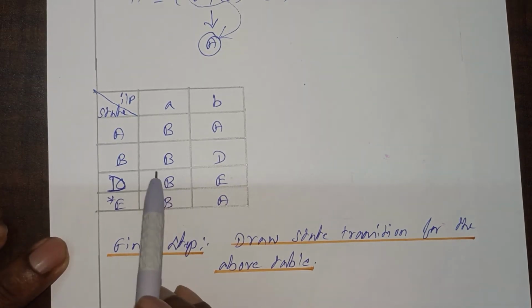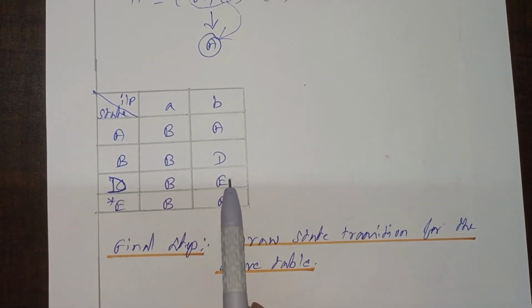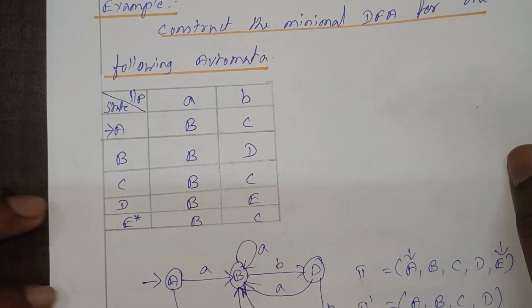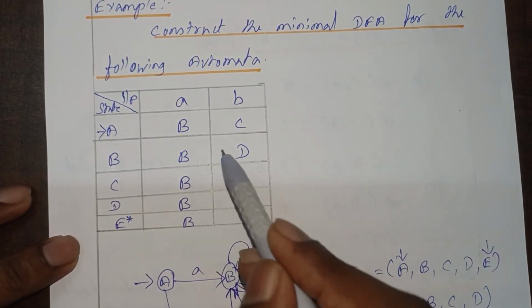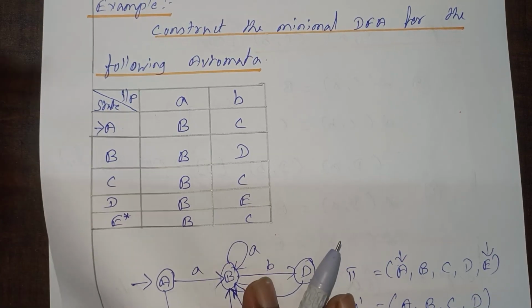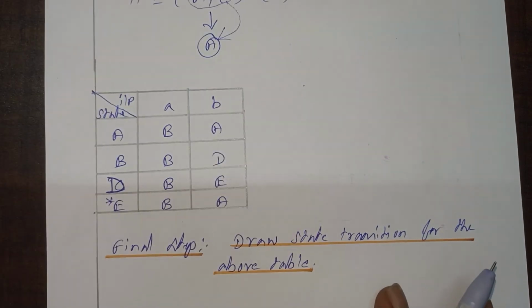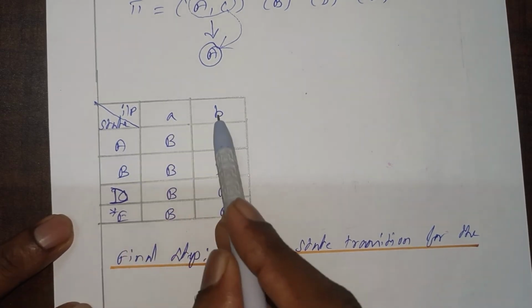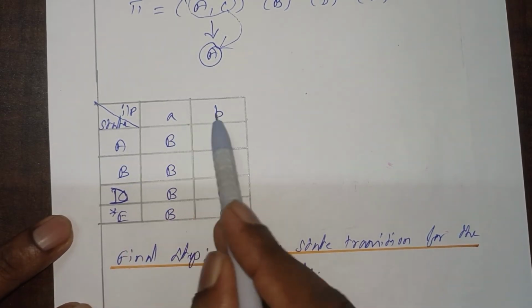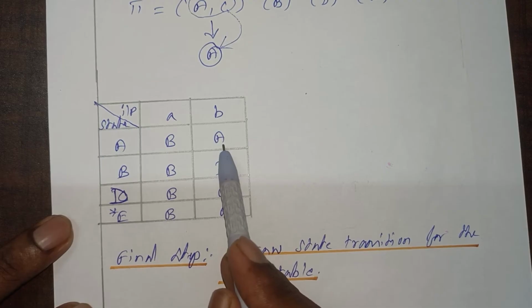Now see here, wherever you got the C, I am going to show this again. Wherever you got the C, that is going to be applied as A. Now here, with inputs small a and small b, I am getting the same thing, right?